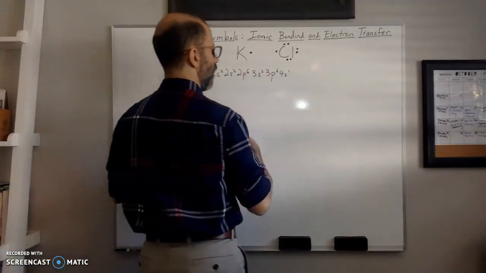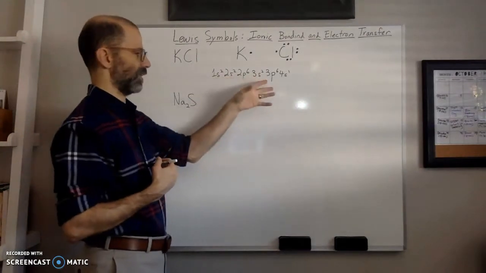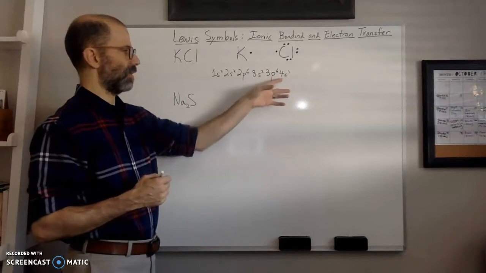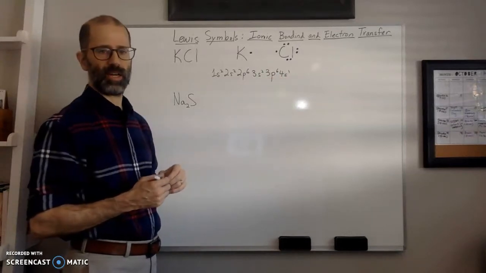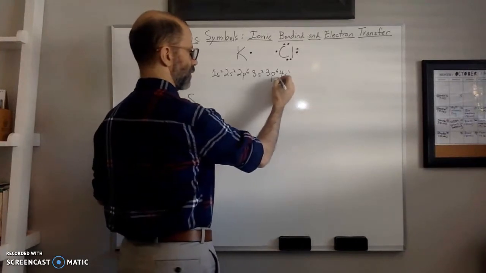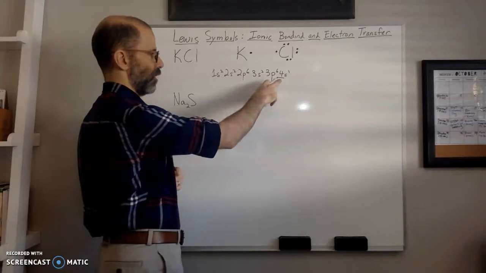One of the ways in which you can identify an element is by the last part of the electron configuration. Here, the last part is a 4, so that tells me that this element is in the 4th period.